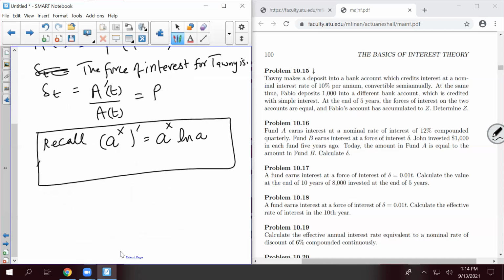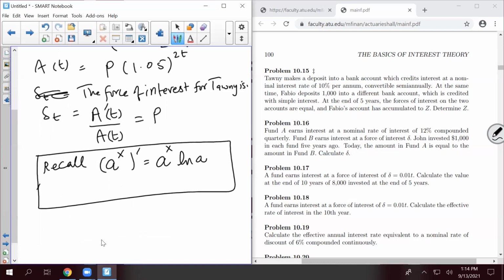So now tell me, what will be the derivative of this? P is a constant, so what's the derivative of 1.05 to the power 2t using this rule? First of all, you just repeat it, 1.05 to the power 2t, and then ln of the base, ln of 1.05.